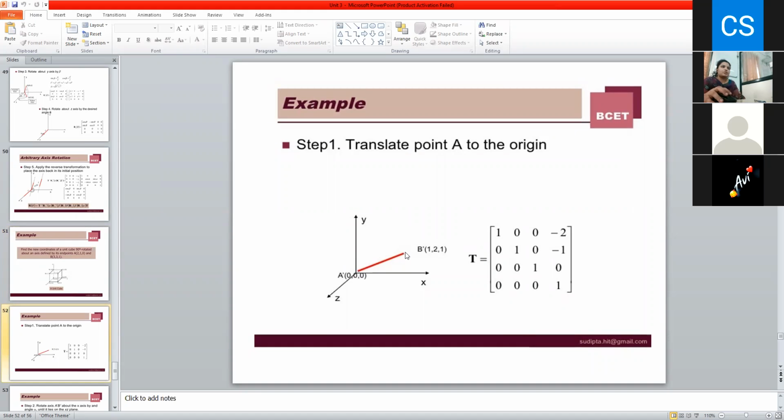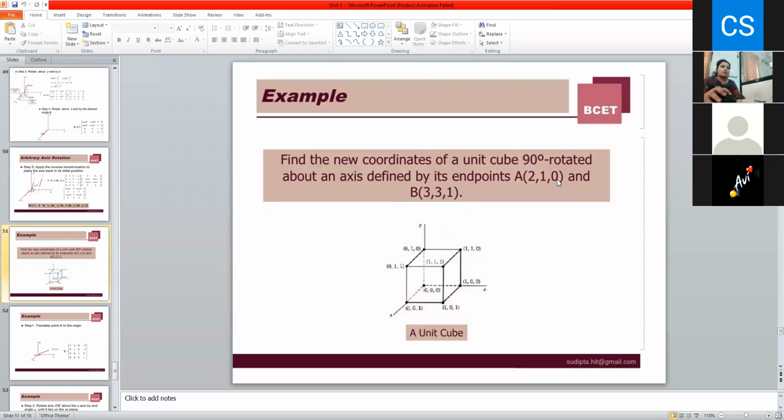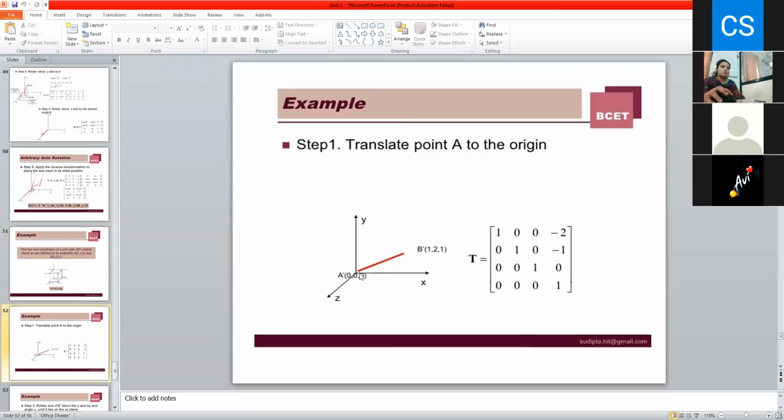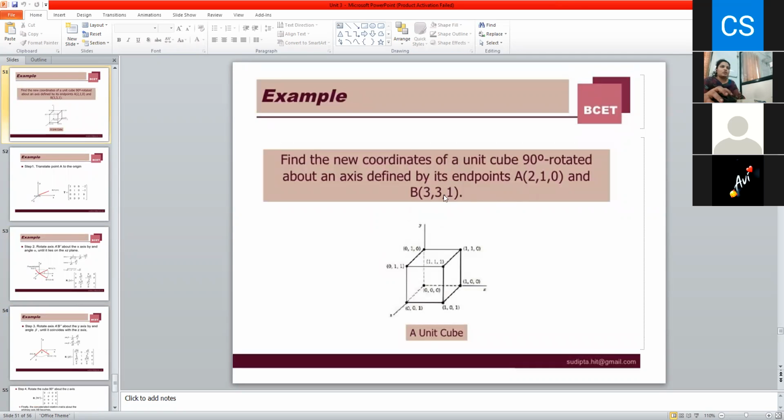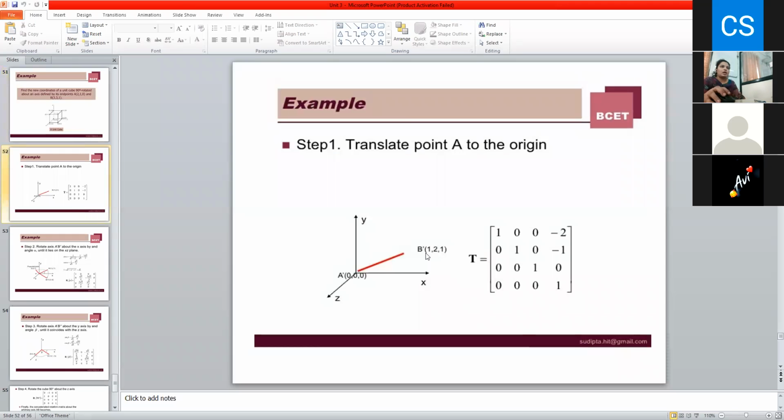So this is the axis drawn, or rather shifted, because the coordinates are 2,1,0 and 3,3,1. So 2,1,0 has reached 0,0,0. Similarly, B dash is also moved because earlier it had coordinates 3,3,1. From that we have subtracted 2,1,0. So you will have 1,2,1 as the point. Yes, here you have the 1,2,1 point after performing this shifting.